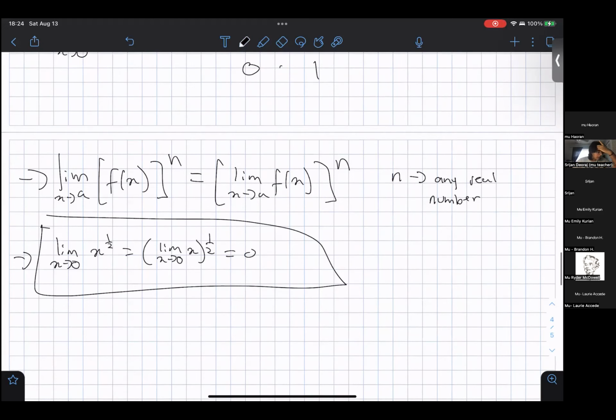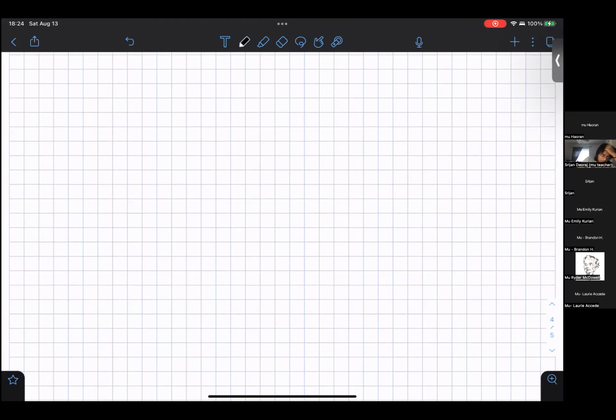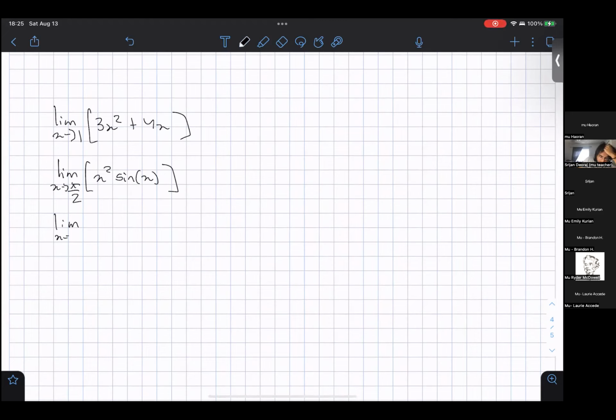Okay, let's do a couple of examples. Let's do the limit as x approaches 1 of 3x squared plus 4x, the limit as x approaches pi over 2 of x squared sine of x, and the limit as x approaches 27 of the cube root of x cubed plus, actually, let me do it like, sorry, let's do this.